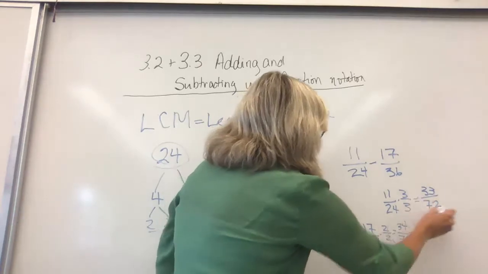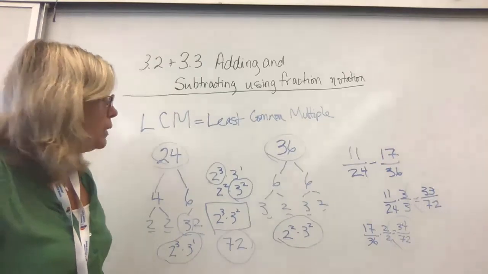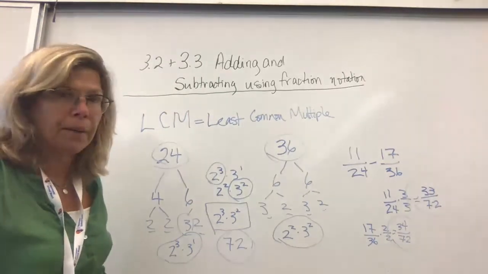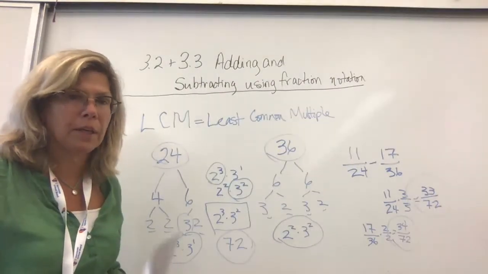So they're very close, but you know which is bigger because you were able to find the least common multiple, put it into the denominator, and then figure out the relationship.